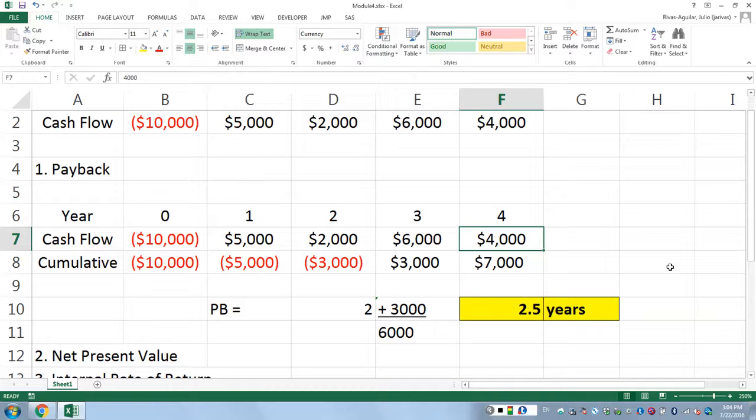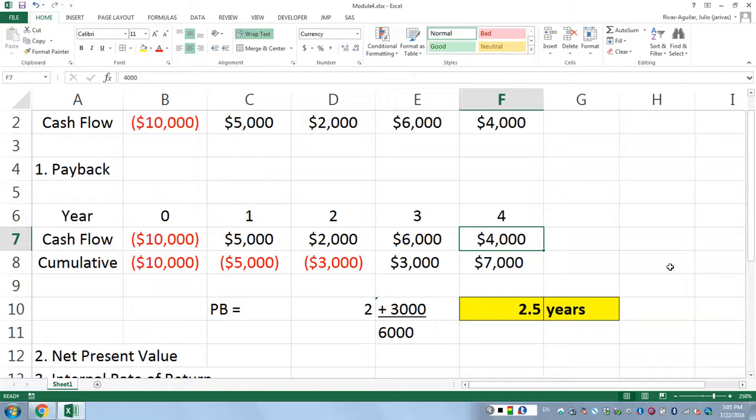Now, this method is very intuitive, very straightforward, and very easy to calculate. However, it has a major weakness, and that weakness is that it will not take the time value of money into account. Now, what is the time value of money? Well, it is the principle that $1 today is worth more than $1 in the future. Think about $1,000 10 years ago and $1,000 today. You cannot buy the same amount of goods and services today with $1,000 as what you were able to in previous years.